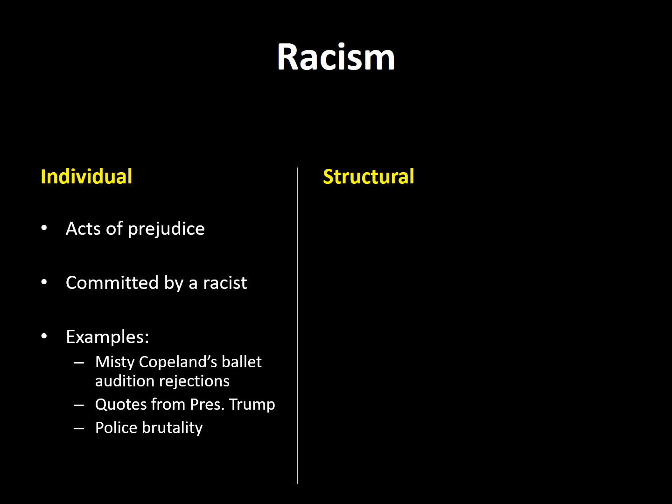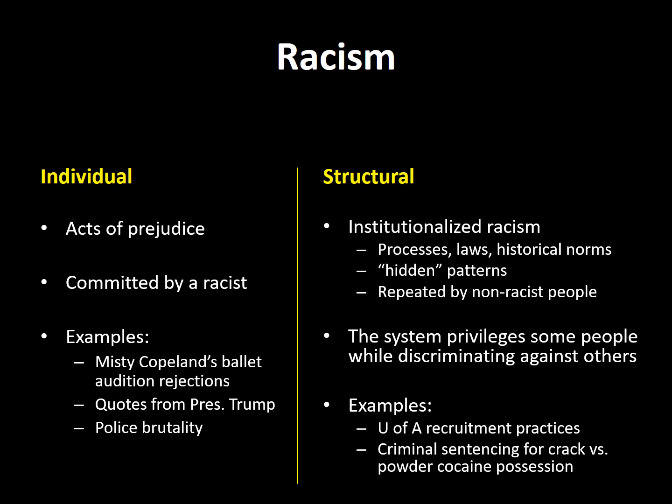This can be contrasted with structural racism, which is more insidious, it's more hidden. It's institutionalized racism that takes the form of processes, laws, historical norms that are hidden in the fabric of society and therefore are repeated by non-racist people.